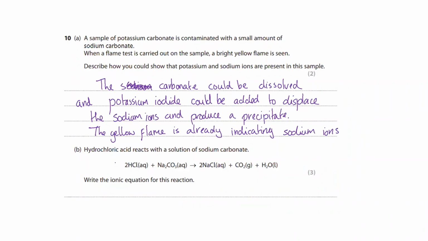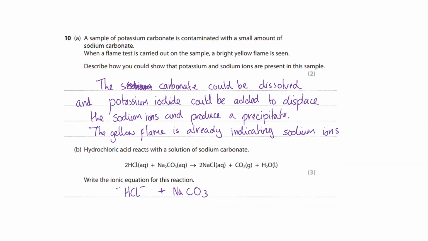Hydrochloric acid reacts with a solution of sodium carbonate: 2HCl(aq) + Na2CO3 goes to 2NaCl + CO2 + H2O. Write the ionic equation for this reaction. So we've got HCl forming H+ and Cl-. That's sodium carbonate, Na2CO3, so it's a carbonate ion.